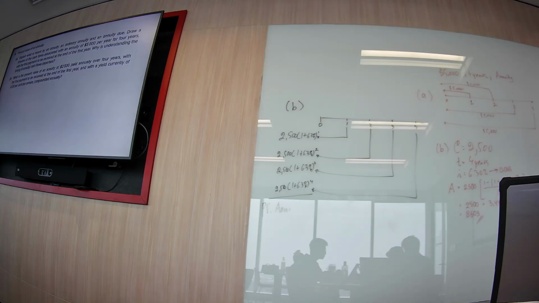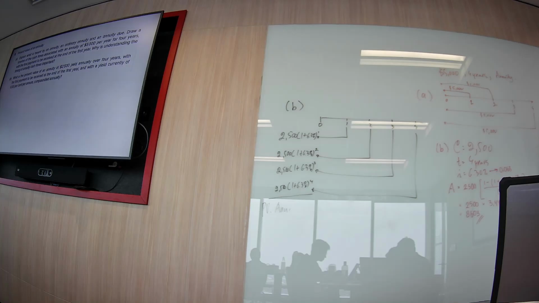So please do the same for this 5,000. 5,000 US dollars annuity, right? $5,000. So instead of using $2,500, you use $5,000. So how much money will you get?